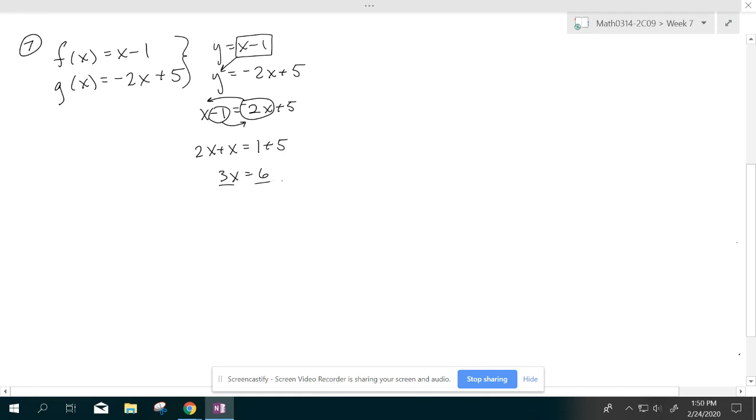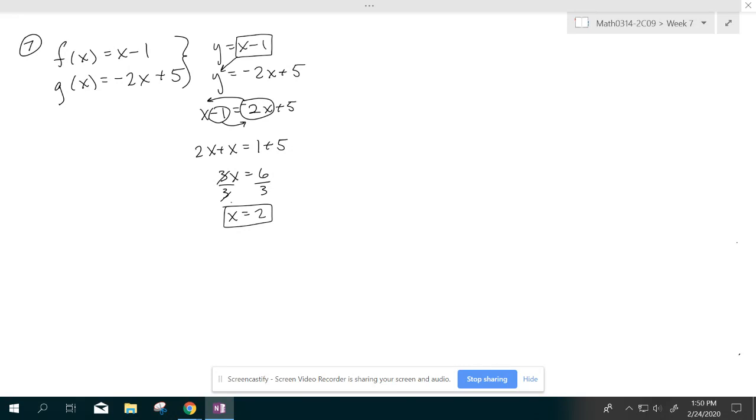And divide both sides by? So that's the substitution method. I replace y in this case with what it's equal to, which allows me to solve for x.